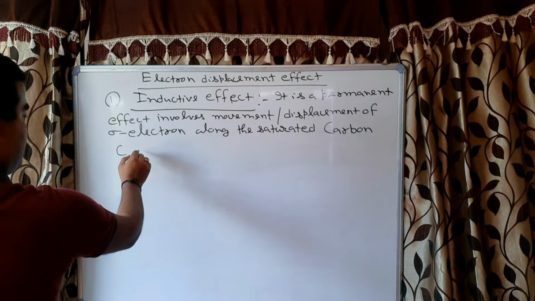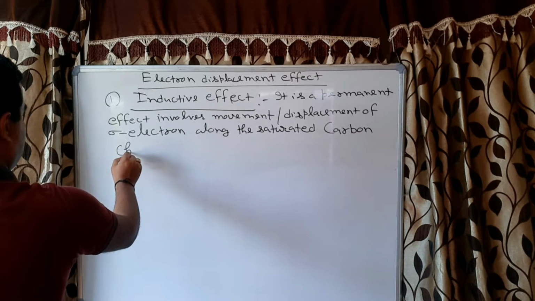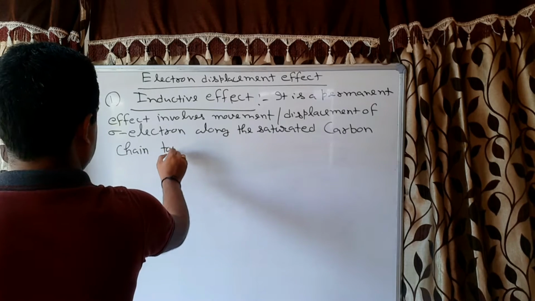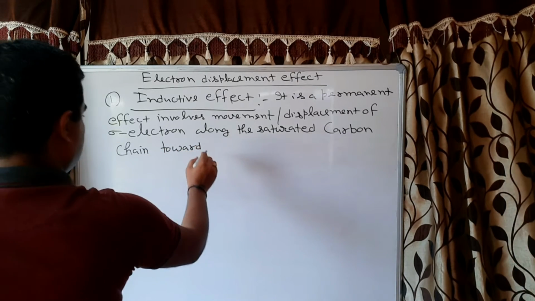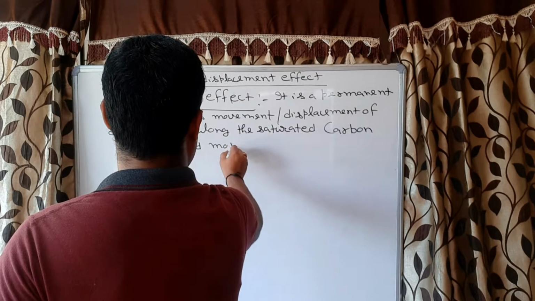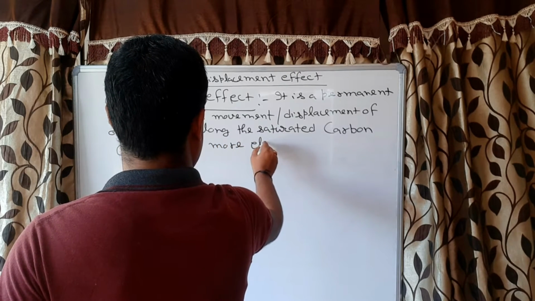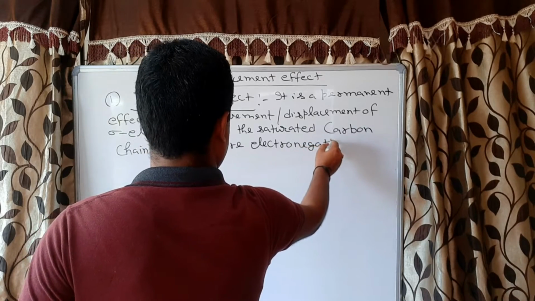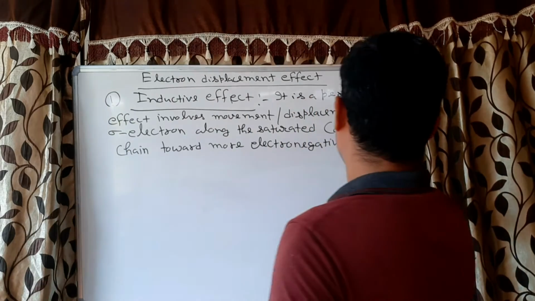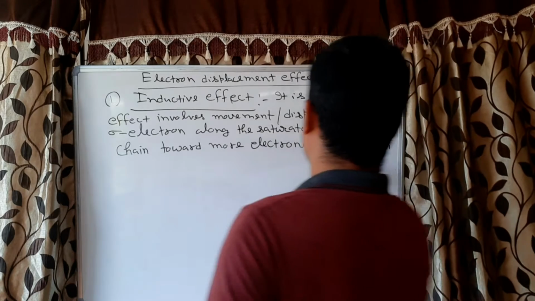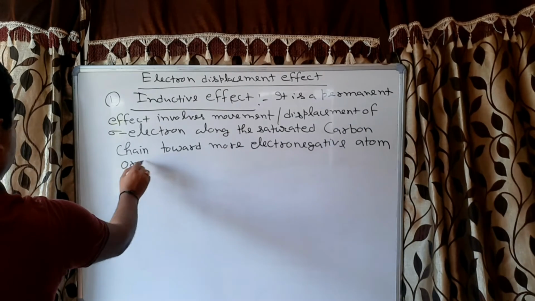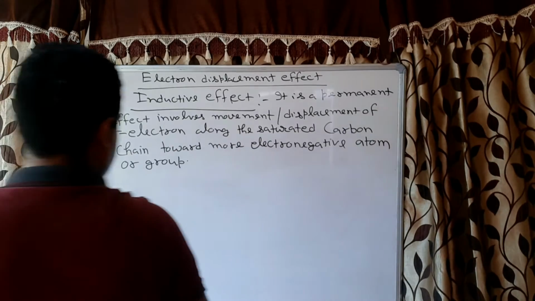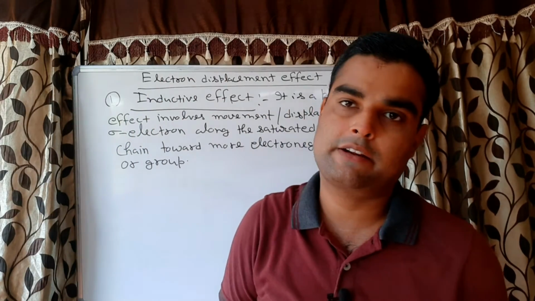Now it is the movement along the saturated carbon chain, but where? Towards more electronegative atom or group, correct? That is called inductive effect.